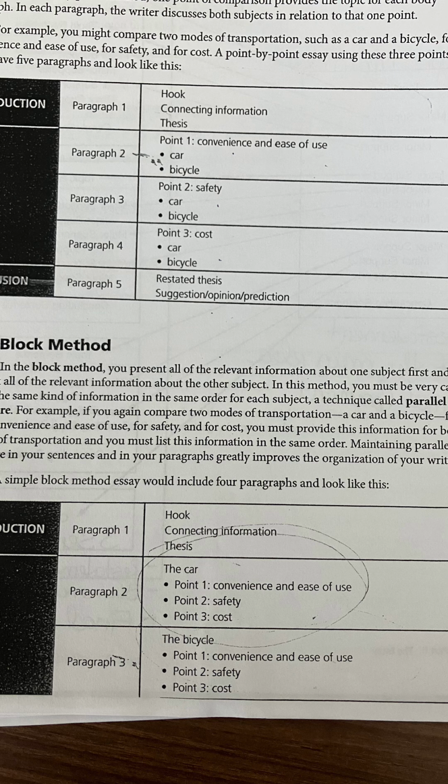So the first body paragraph, you'll write everything about cars, their convenience and ease of use, their safety, their cost. Everything is about cars. And then the second body paragraph, you'll write everything about bicycles, again in the same order as the first body paragraph.